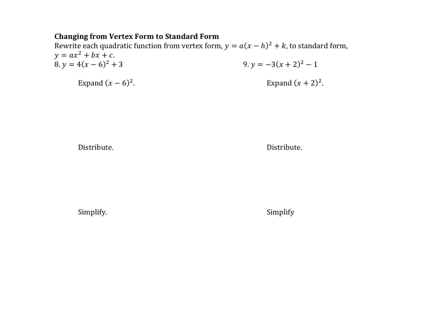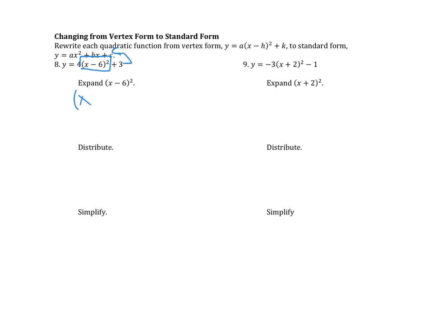All right, one other thing that we have to do is change from vertex form to standard form. This is kind of an introduction. We're not going to hit this too heavy, but want to introduce you to this concept. So given our vertex form, we want to take and put it in that form. So what we're going to do is we're going to take this middle part and we're going to expand it first.